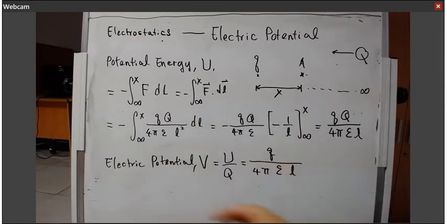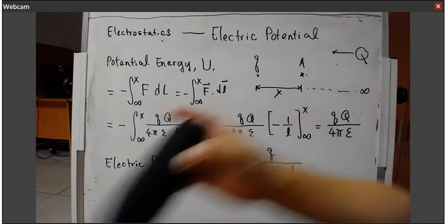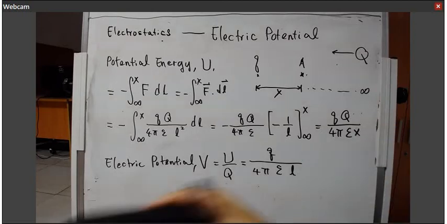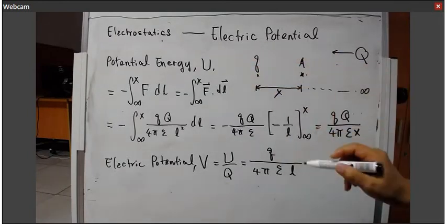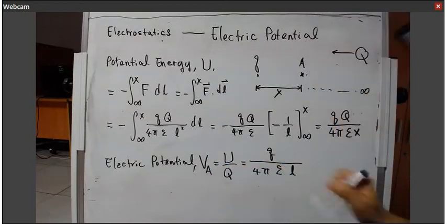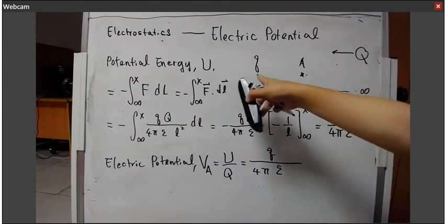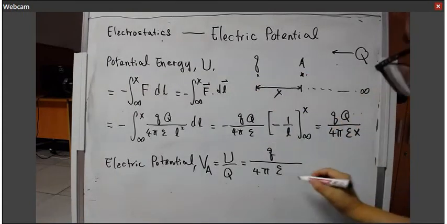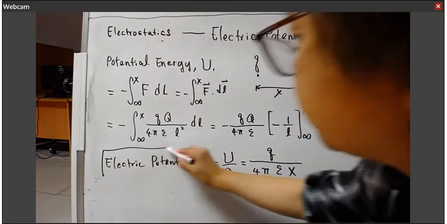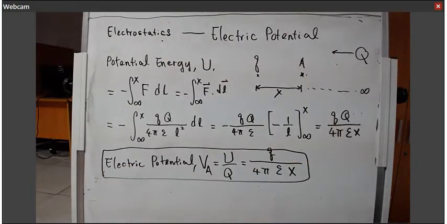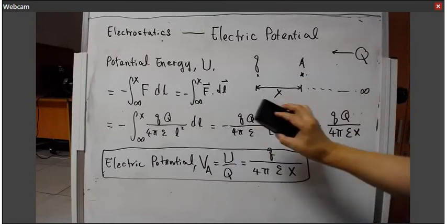Right now, what we have done here, I forgot to substitute L with X. The electric potential is the potential energy formula divided by big Q, giving the electric potential at A. In this scenario, the distance between the point charge and position A is X. So this is the formula for the electric potential at point A. Now we are going to apply this formula to some other applications. Just remember this formula.